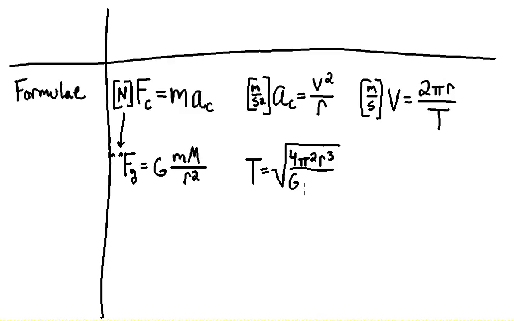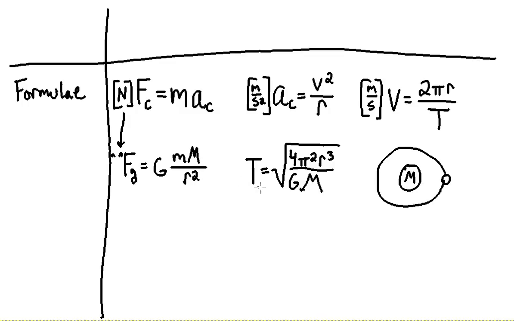Let me try to draw that a little bit better. So this mass right here, this is the mass that is causing something to orbit around it, whereas this is the period of the thing that's doing the orbiting. So if I draw a little picture over here, this is the larger mass. This is the mass that is orbiting the larger mass.